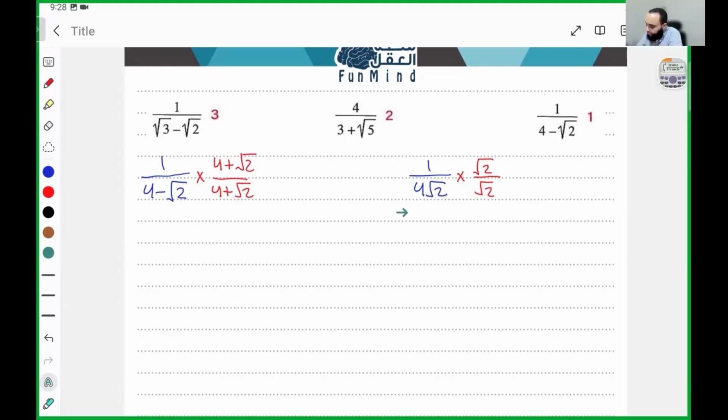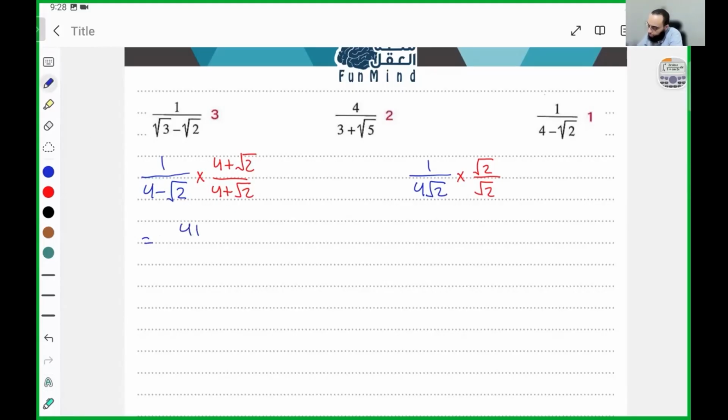Don't look for the 4. But if there is a subtraction or an addition sign like these questions, then you have to multiply by the conjugate of it. The conjugate means that you multiply by the same numbers with the flipped sign. If it is 4 minus root 2, then it's going to be 4 plus root 2 up and down.